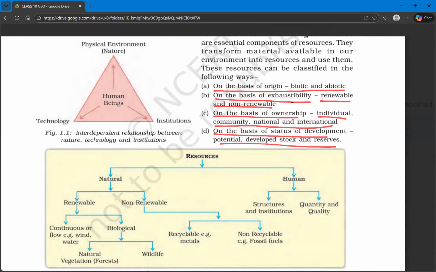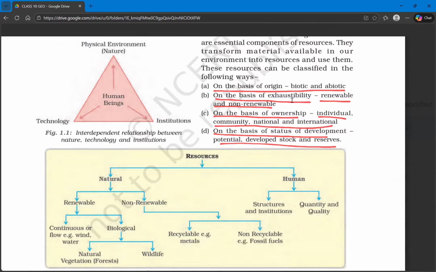Next, the third category is on the basis of ownership. We have individual, community, national, and international. Individual is like our own property. For example, if one person has a piece of land in his name, it is his individual property. Community resources include parks, public grounds, playgrounds, picnic spots.